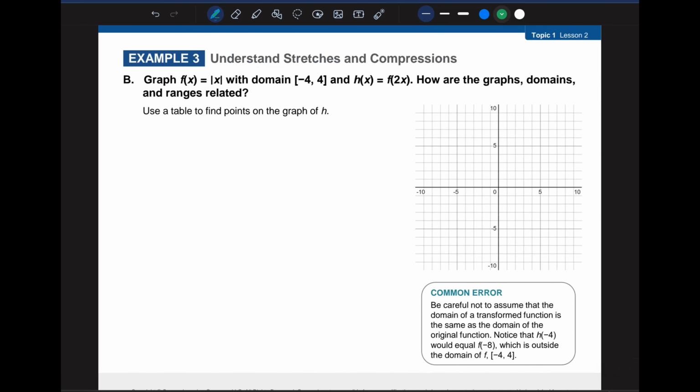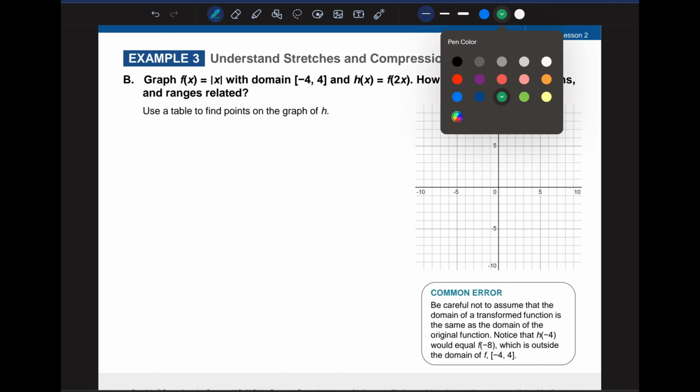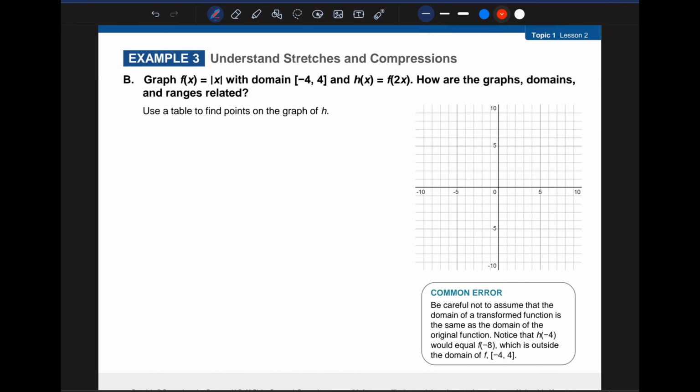All right, so we're doing the same thing here. We have that same equation, the absolute value of x still going from negative 4 to 4. And again, if you're not good at graphing things by hand, use the tools that are given to you. So here's my absolute value of x.